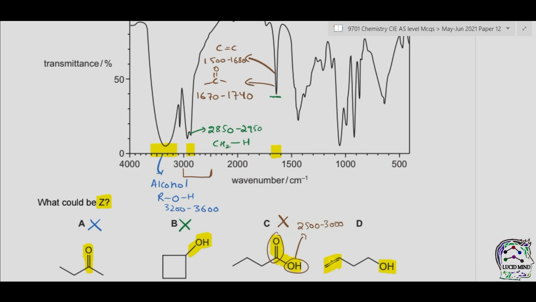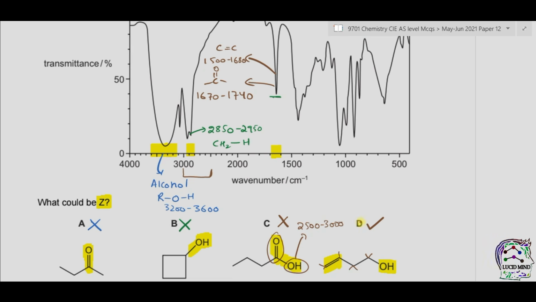In part D, we can see we have alkene functional group whose peak is present 1500 to 1680. We also have alcohol functional group that is present whose peak is also present between 3200 to 3600. We also have carbon hydrogen bonds that are present whose peak is between 2850 to 2950. So D could be the correct option.